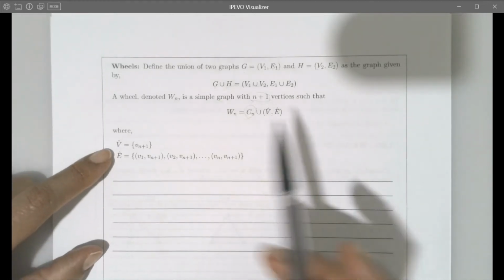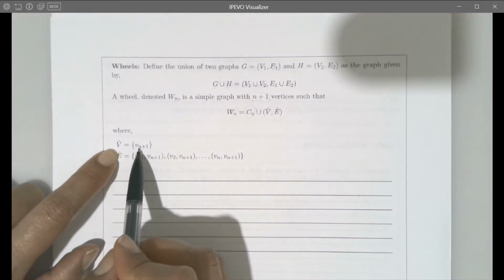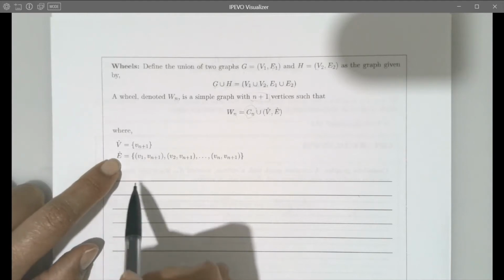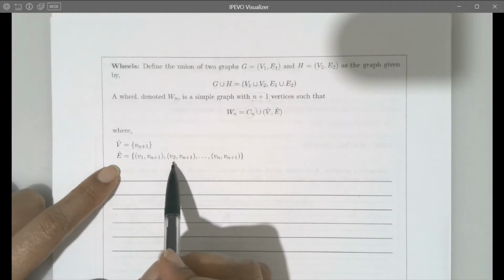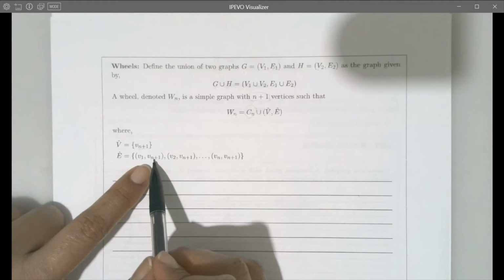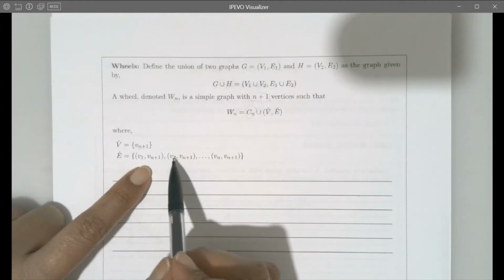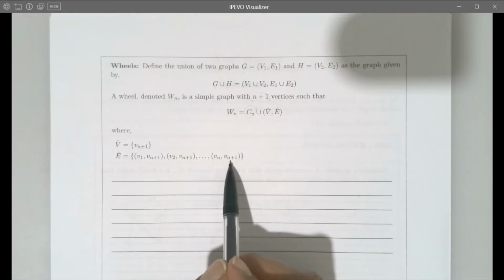So now that we have that definition, a wheel, which is denoted W sub n, is a simple graph with n plus 1 vertices such that W sub n is the cycle C sub n union with this graph that has V tilde and E tilde as its set of vertices and set of edges respectively. Now what are those sets? The set of vertices is just one additional vertex, V sub n plus 1, and E tilde is the set of edges that connects the node V1 to V sub n plus 1, V2 to V sub n plus 1, and Vn to V sub n plus 1.